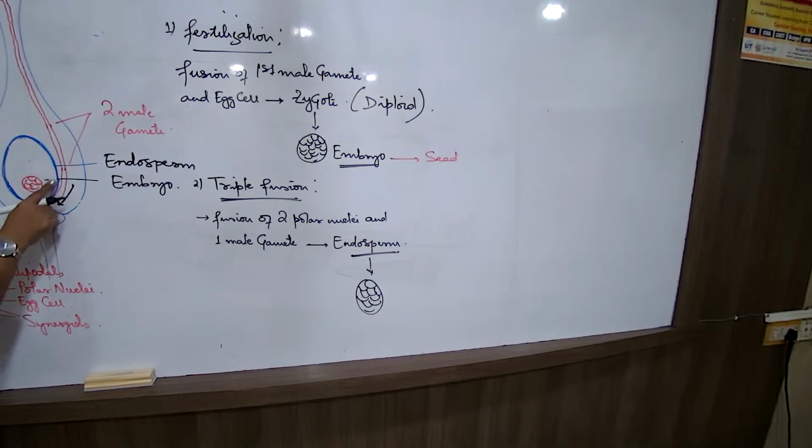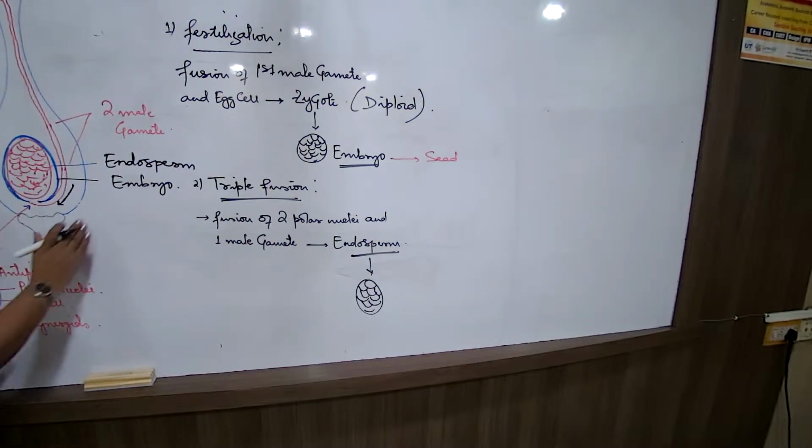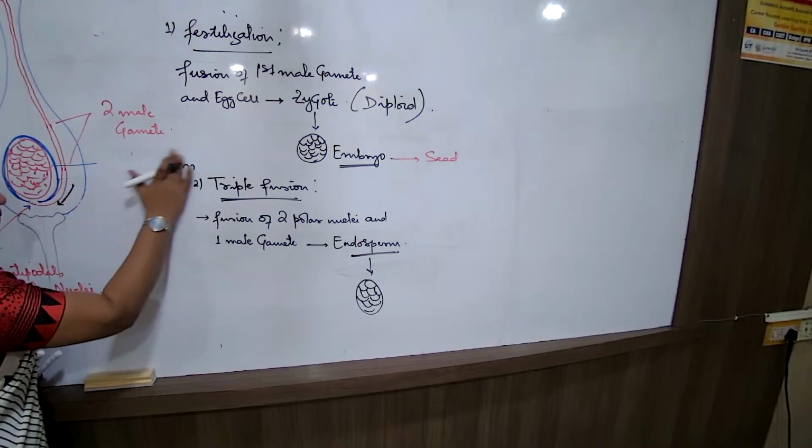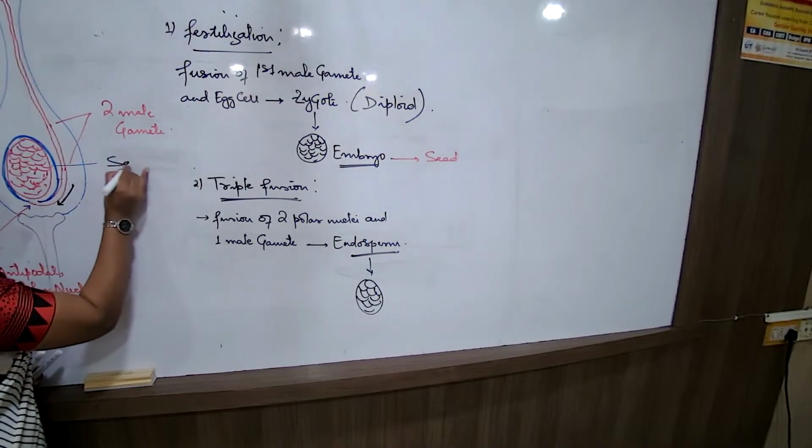So this entire embryo now occupies the entire space of the ovule and results in the formation of a multicellular structure like this. Now we are not talking about this as an endosperm or an embryo, but we are terming this a seed.